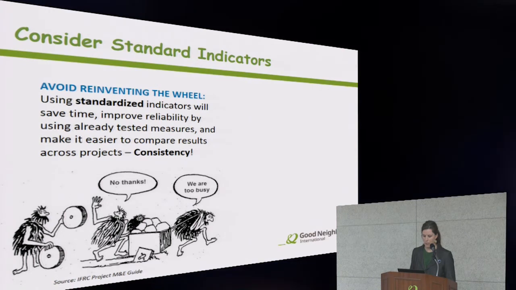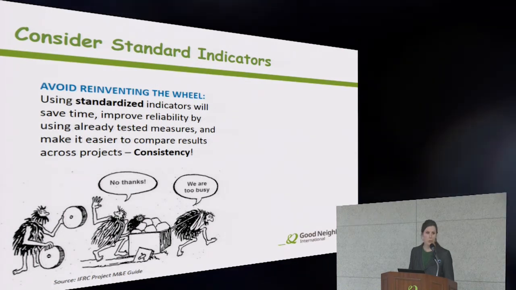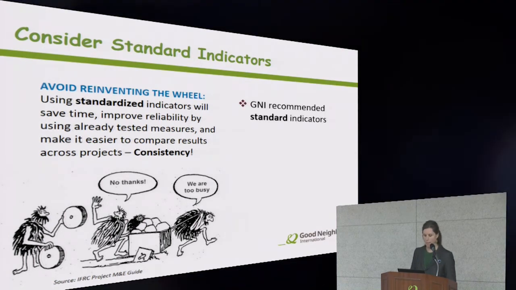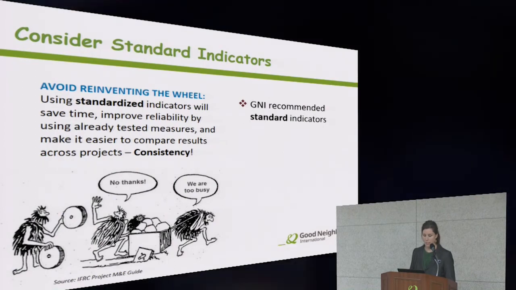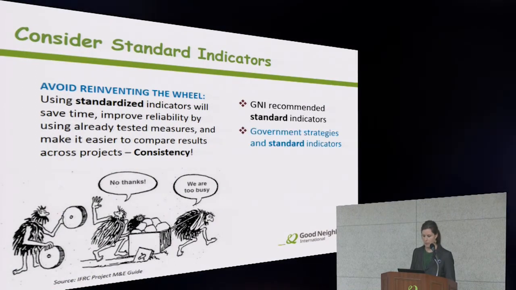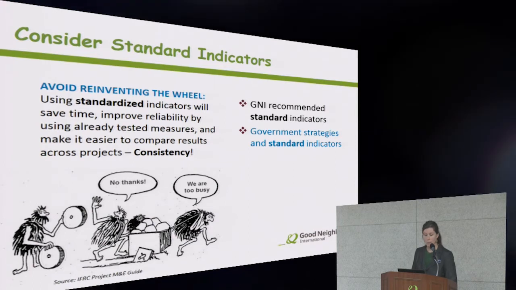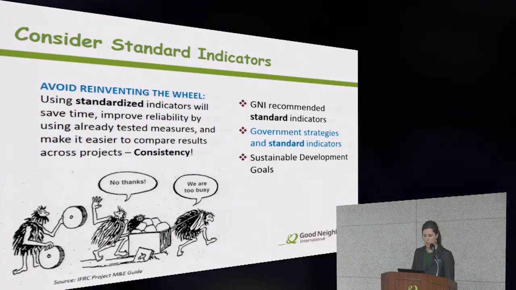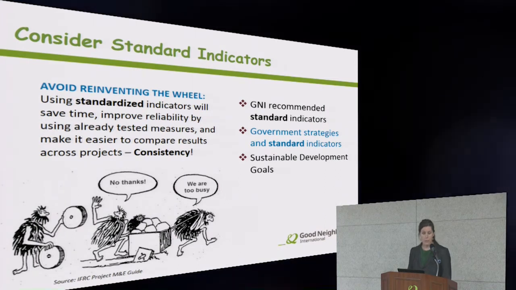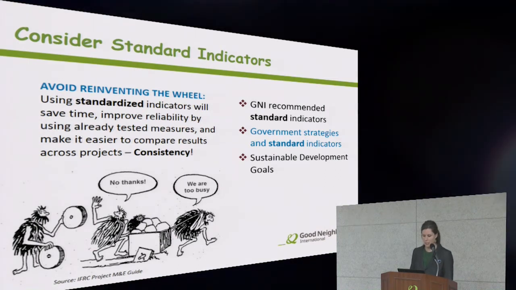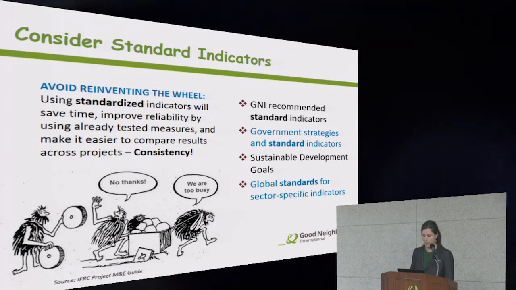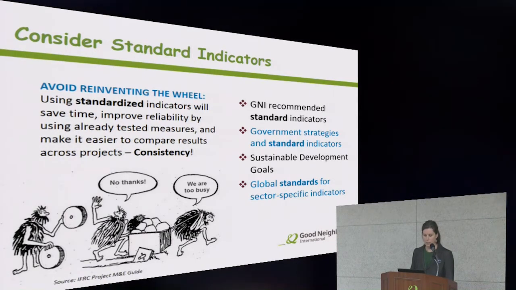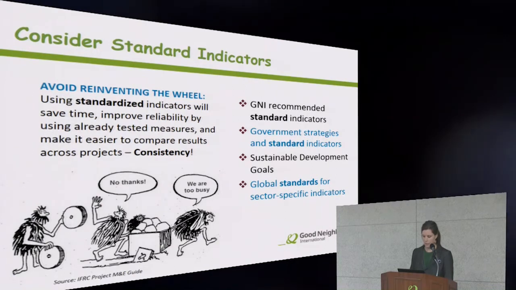So here are some categories of standard indicators that can be considered when you're selecting yours. GNI recommended standard indicators. The government might have their own set of indicators for their strategies. You can consider the Sustainable Development Goal indicators and other sector-specific global standard indicators.